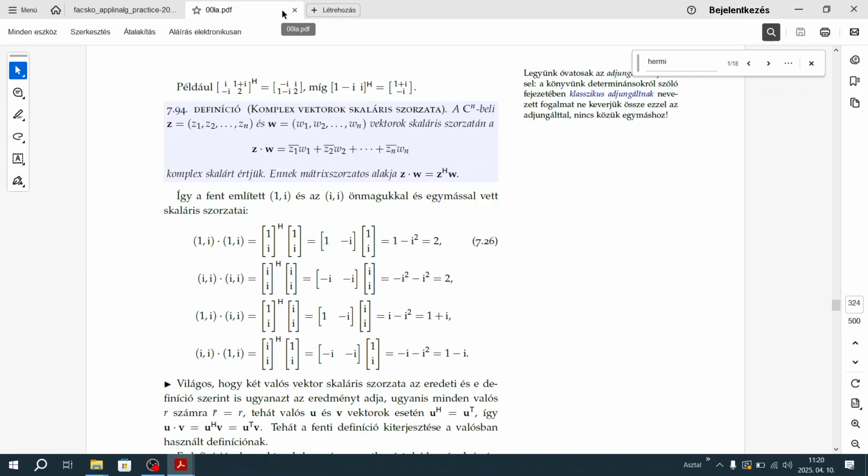Then you multiply the conjugate of the second element of the first vector with the second element of the second vector. This is what that definition says.